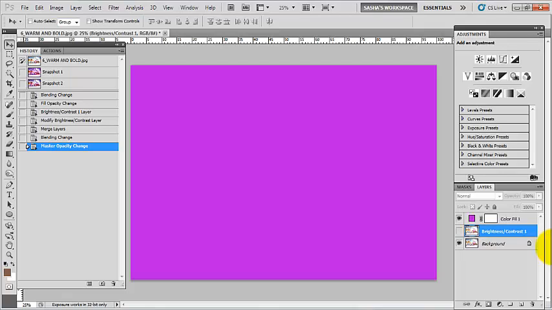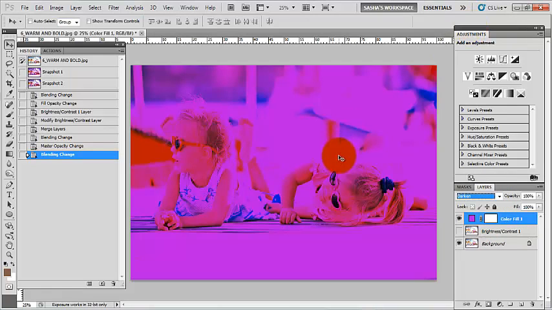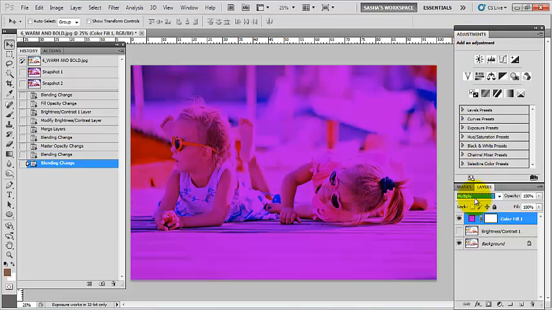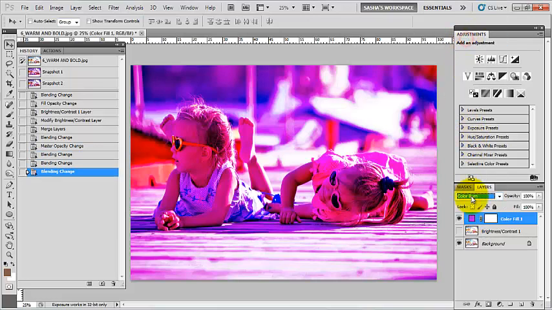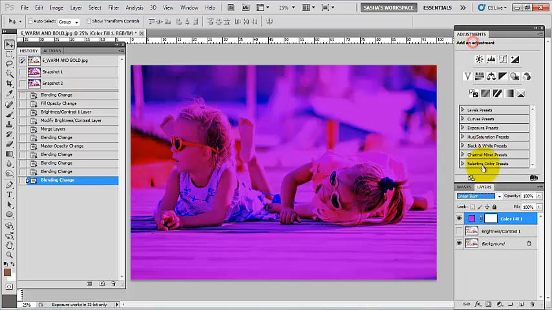The next blend mode is in the darken group. And so we have this darken group, and what the darken group does is it replaces all the lighter values with this purple color here, and it keeps the darker values of the photo. And so as you scroll down through here in the darken group, you can see that we're getting different looks depending upon which blend mode we choose.